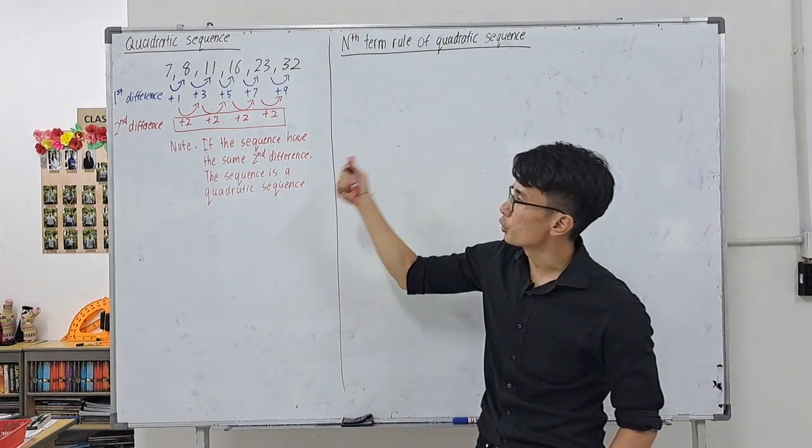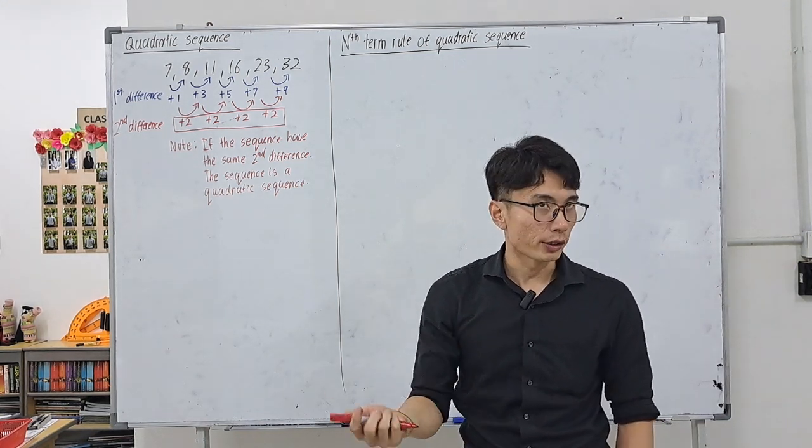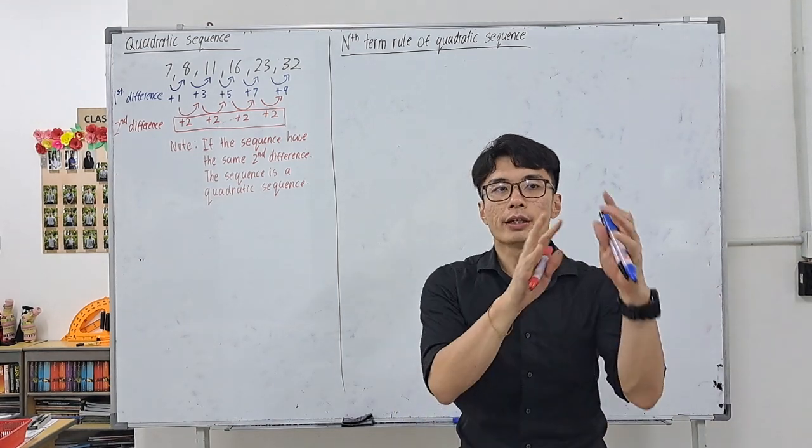Okay, so that is the rule for us to identify whether the sequence is quadratic or not. We have to check the second difference. As long as they are the same number, they are the same.